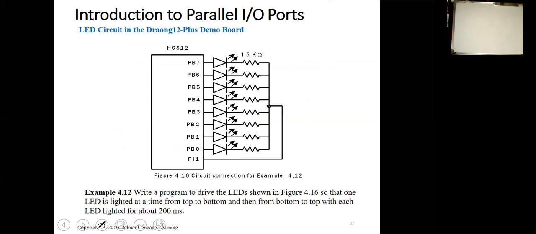This was an example of how to connect a set of LEDs and control their operation. The LEDs are connected to port B, and what was required is to write a program to make one LED on at a time for a certain amount of time, then move to the second one in this direction, then go up in the other direction, and keep doing this forever.